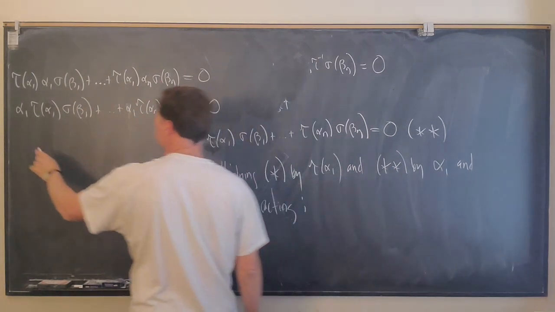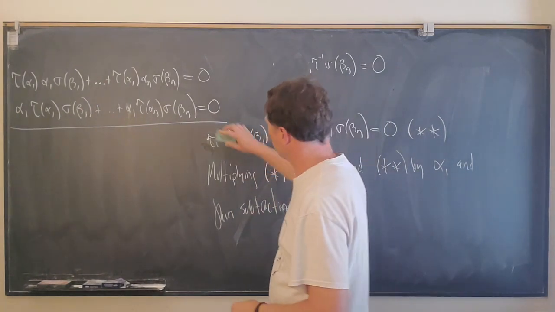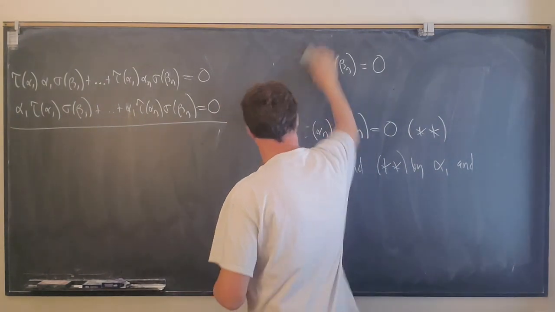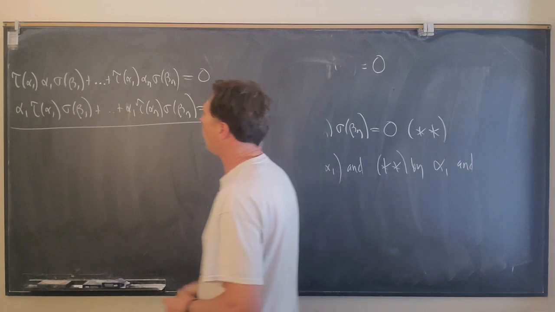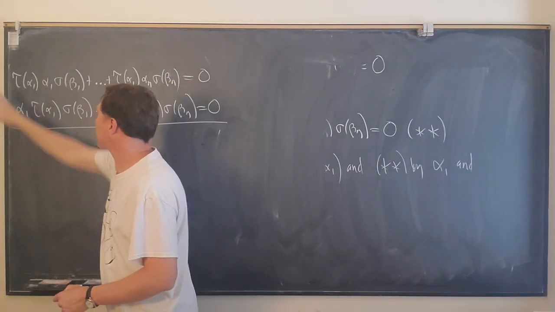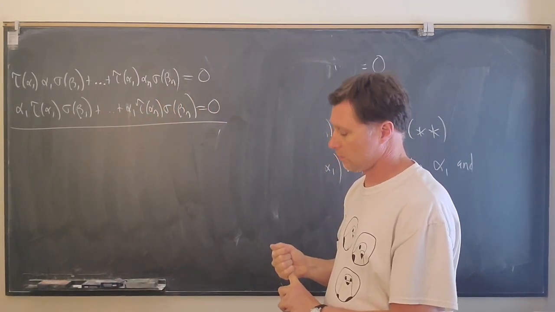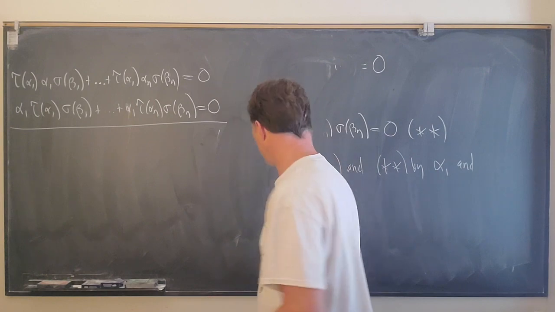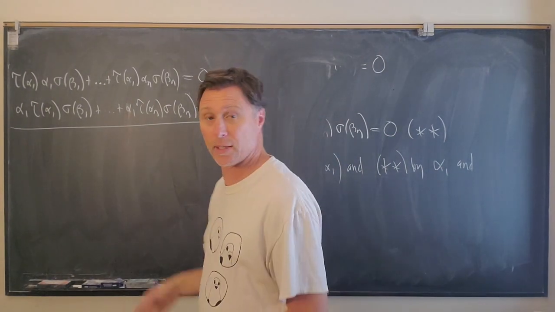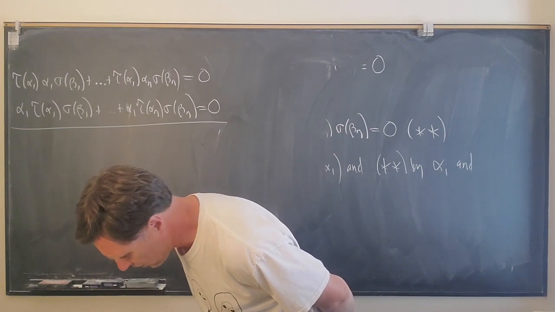That one's also equal to 0, and then we're going to subtract. Now, what's happening here? Well, notice the first spot is going to go away, but everything else is going to remain. And so what did we do? Remember, we had that minimality condition. So this is going to throw off minimality, and we'll see that in a second.